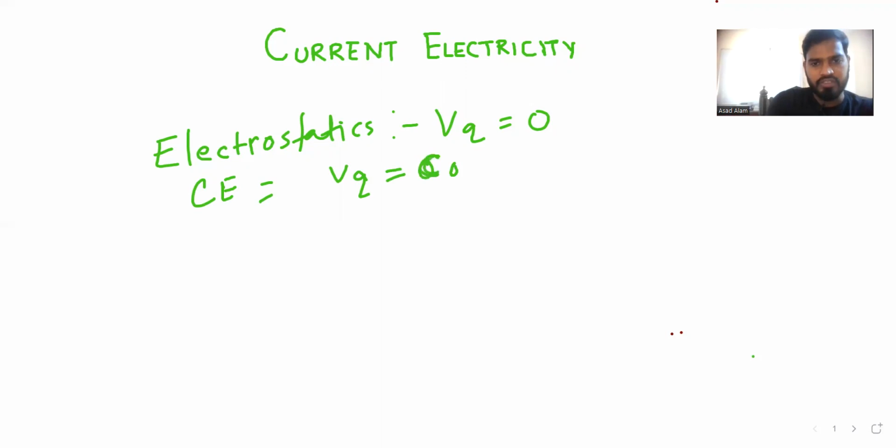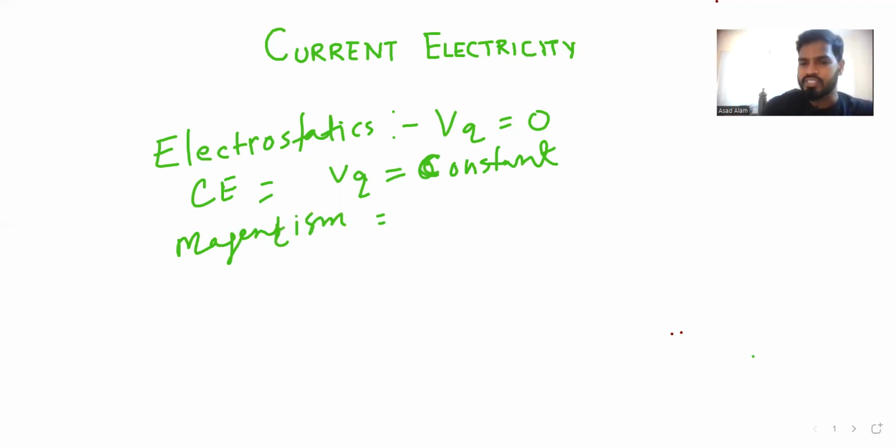The next chapter is magnetism, where the velocity of the charge will be variable. Fine.